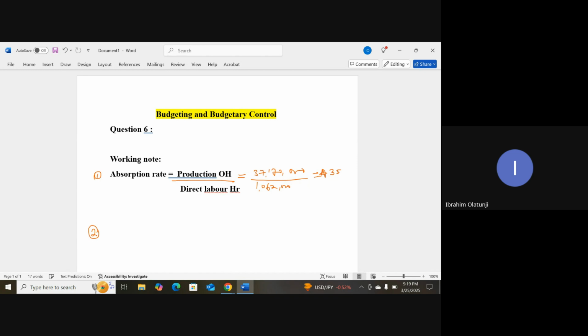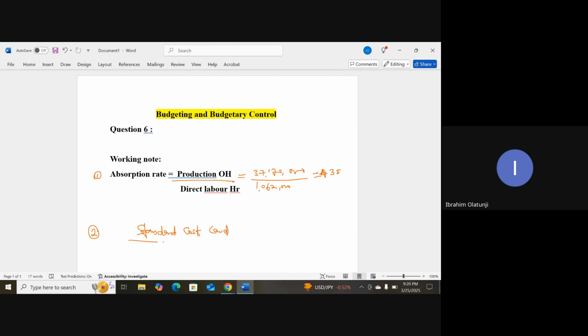So we can turn this into working note 2, so that we can get the standard cost card. Are we together?